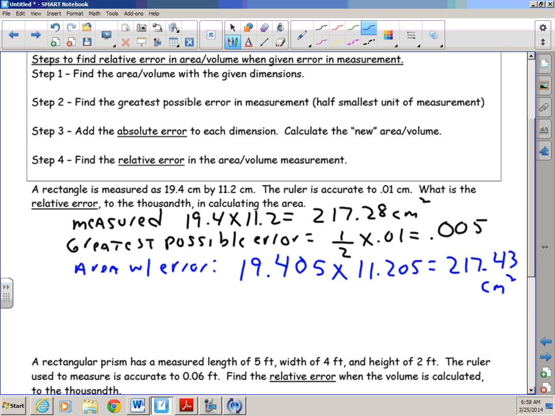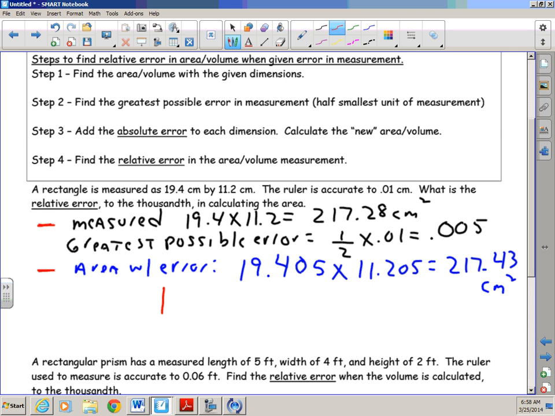All right. Now, what I'm going to do is go back and figure out my computation based upon that. So this becomes like my actual, this becomes like my measured.